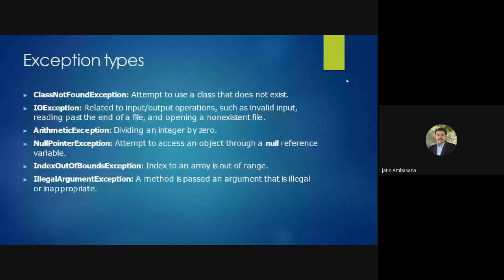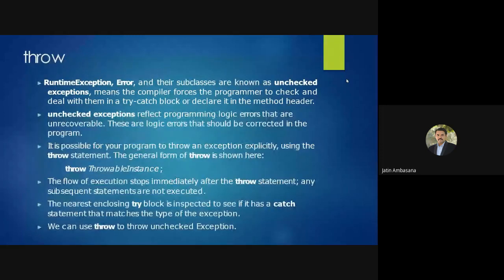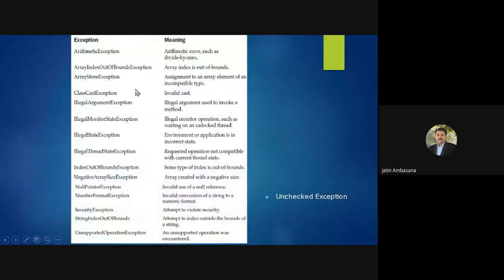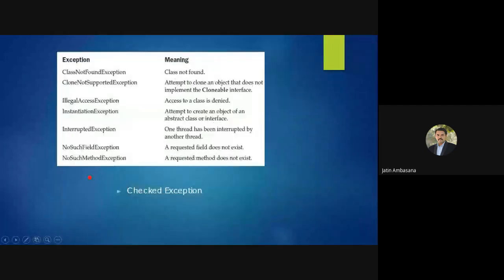So these are some of the exception types that we saw. We saw how to make use of the throw keyword and the meaning of throws. Then we saw various types of unchecked exceptions, and also some of the types of checked exceptions.